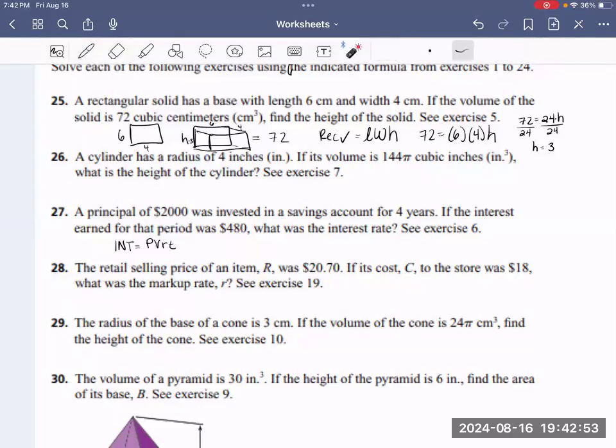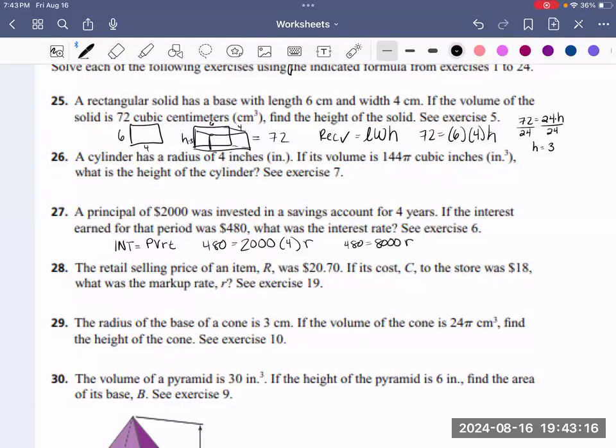So they're saying that over time, just by having it sit in an account, you earned this much money. So $480 is equal to $2,000 times your rate times your time. So they said 4 years, and we're not sure of your rate. So 2,000 times 4 is 8,000.